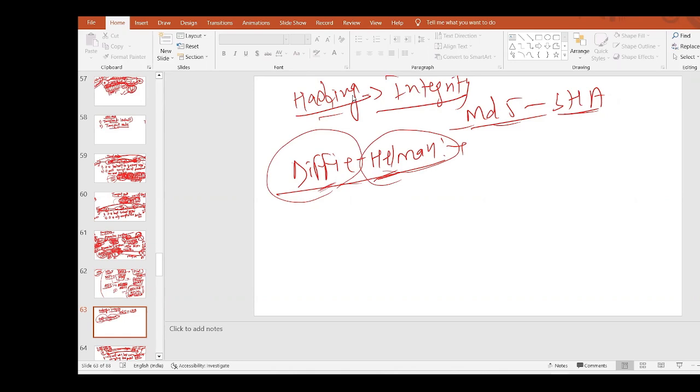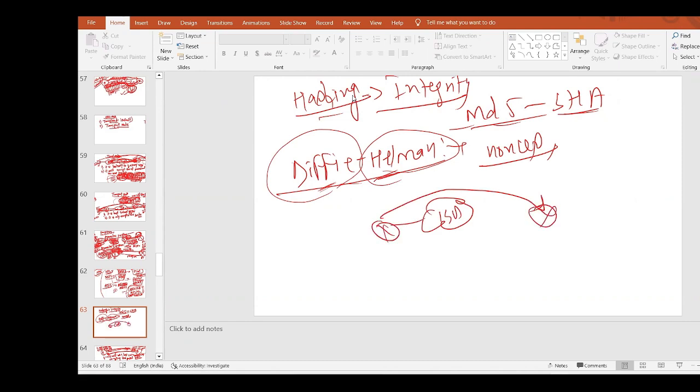It uses a nonce and some values to help share a key over the ISP. Like this is a router, whatever. Diffie-Hellman is helping to share the key over the ISP.